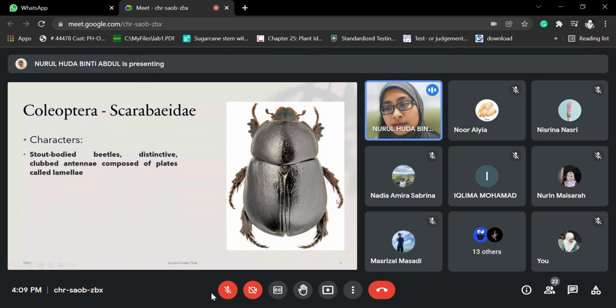Okay, so other than the antenna and the body shape, what do you think you can describe about this Scarabaeidae? Black metallic. Yes, black metallic. Of course, you can use that. Anything else?